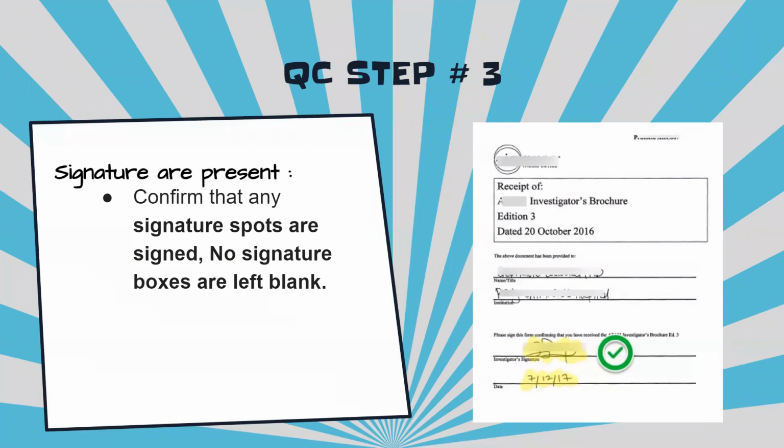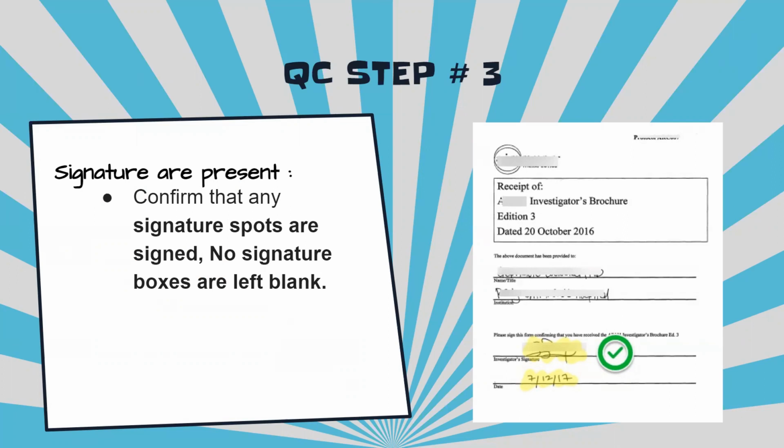Step 3, signature. You want to make sure that there are no signature spots left blank. Now, again, as I mentioned, this is where knowing your documents is important. There typically are small exceptions. The protocol and something very similar, the IB, are two big documents that both have signature pages. In the actual upload of the document, that page is blank.